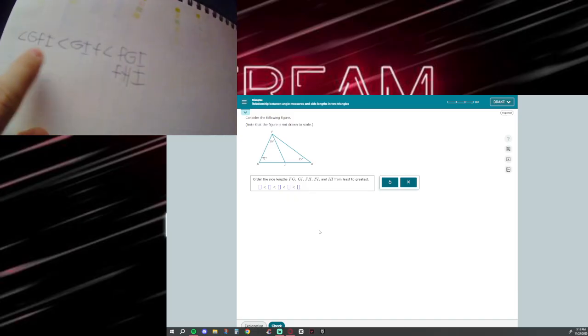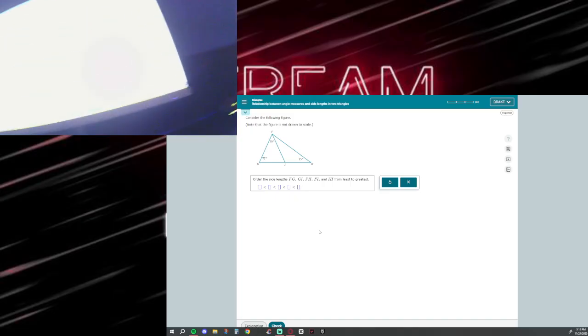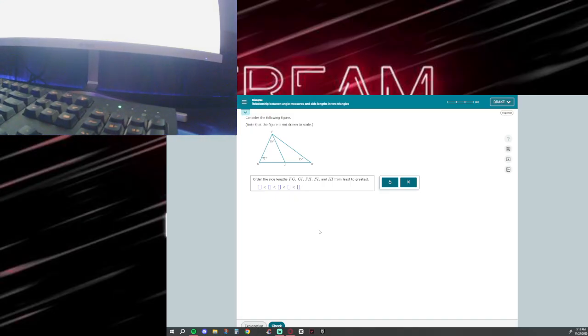This is GF, so it's GI, GF, FI, and since we have another FI, we put it down here. Those cross each other out, because there's not two FIs. Our next angle is F, so we do I, F, H. And our last angle is I, so we do F, I, H.